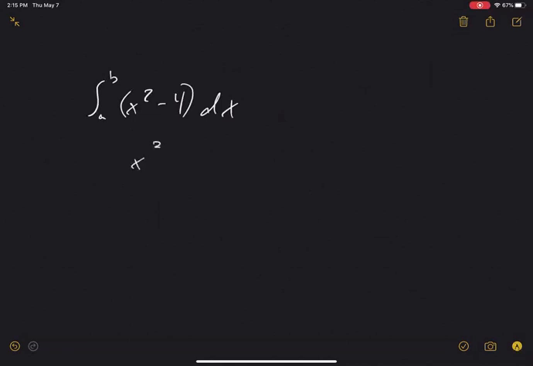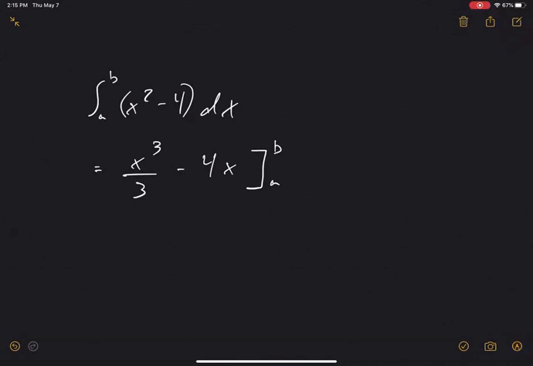Okay, so I find the antiderivative, and then I don't need to write the plus c here. I can just do my bracket BA. And then the next step would be plugging these in.